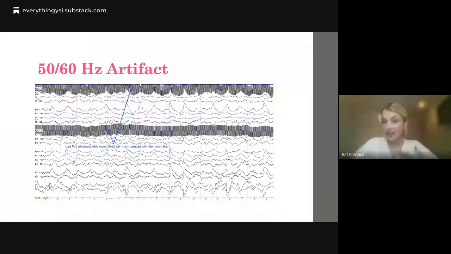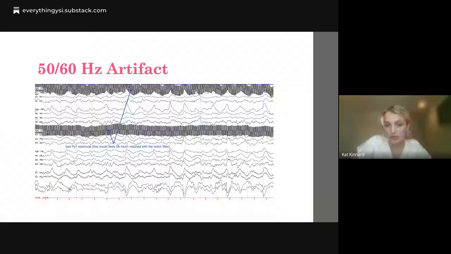If a patient clenches their jaw, tightens their head, or even tenses their neck, we will have these electrical signals that overwhelm the smaller brain signals. It appears as fast, irregular waves, especially in the frontal and temporal chains if you look at the names of the electrodes. So this patient is probably tensing their forehead.